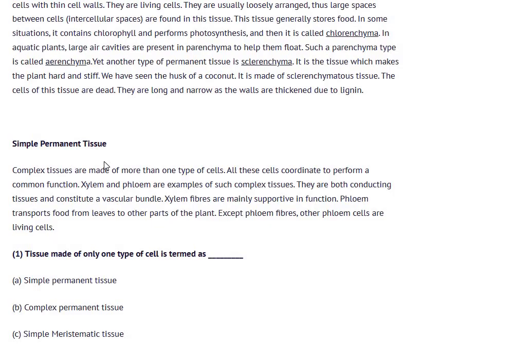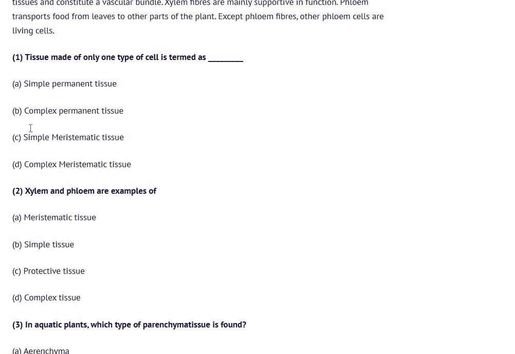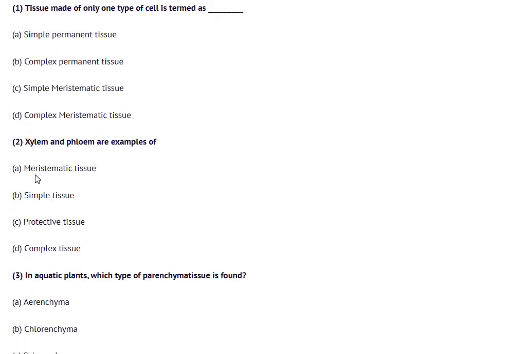Other phloem cells are living cells, and these are dead cells. Tissue made up of only one type of cell is known as simple permanent tissue. So option A: xylem and phloem are examples of complex tissues.